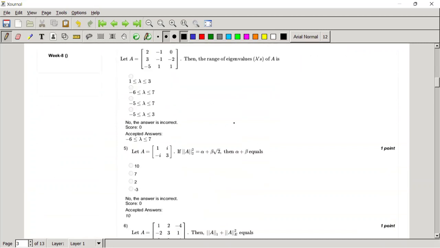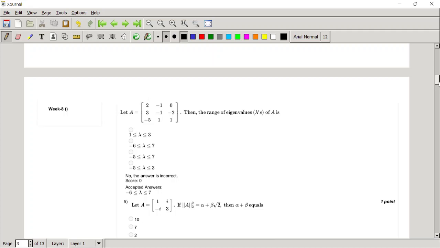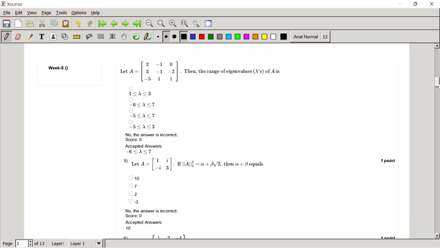So the fourth problem is: given a matrix A, find the range of eigenvalues of A. Here we mainly use one theorem. What is the name of that theorem? Gershgorin theorem. Can anybody state that theorem? Let me write the matrix.